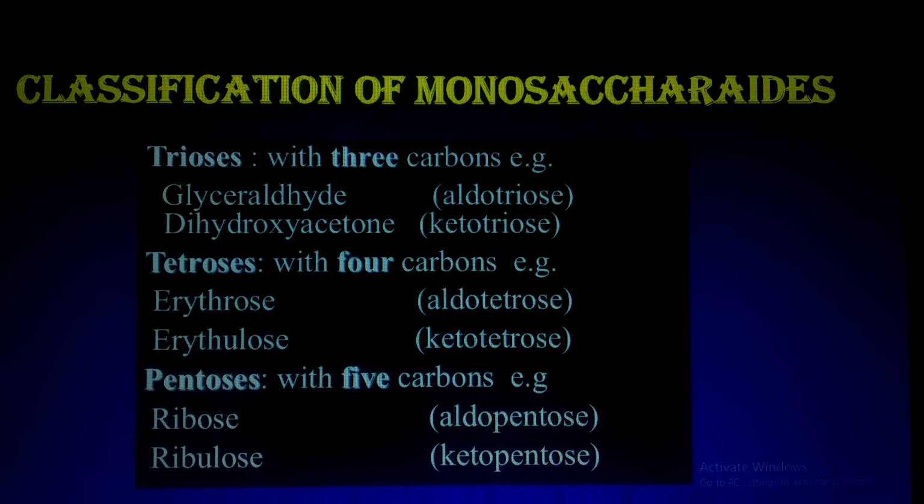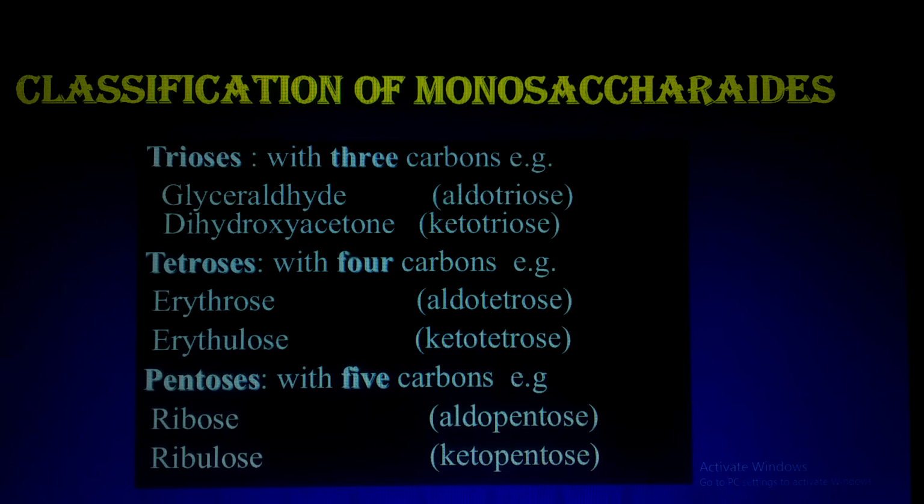But the difference between them is that both are 3 carbon, but glyceraldehyde is an aldose and dihydroxyacetone is a ketose. Now tetroses with 4 carbon.